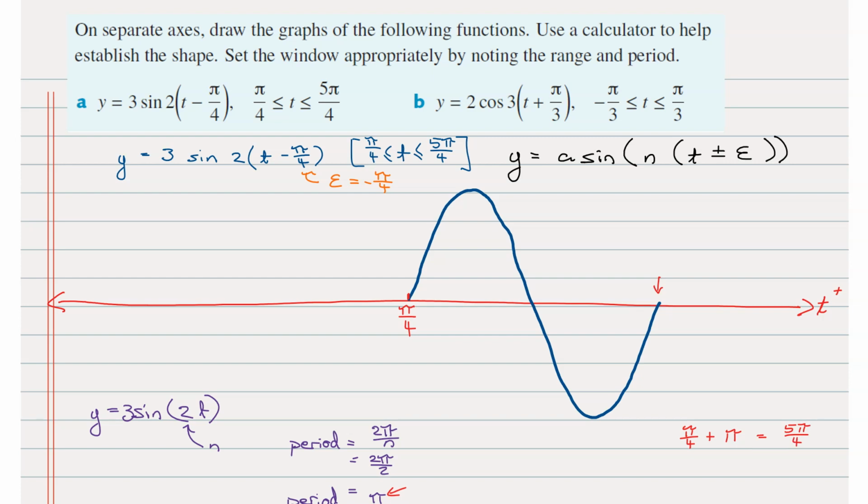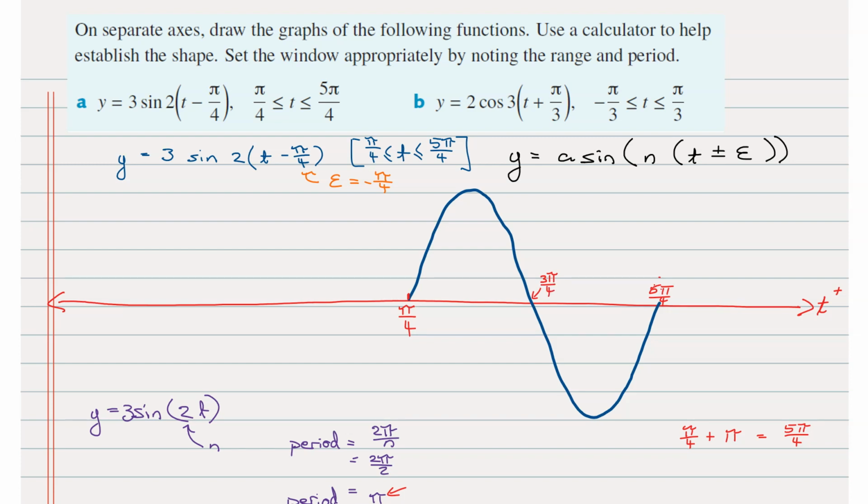So I can write 5 pi over 4. And one more piece of information that I'll use to annotate this graph is this point over here, which is going to be the midpoint between the start and the end. Looking at pi on 4 and 5 pi on 4, the midpoint of that is 3 pi over 4.